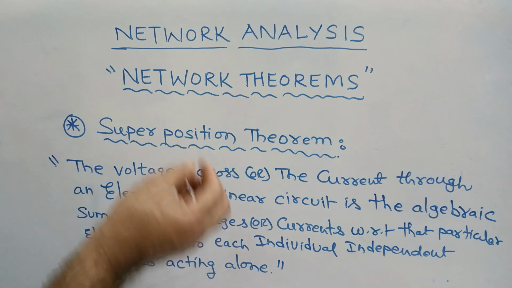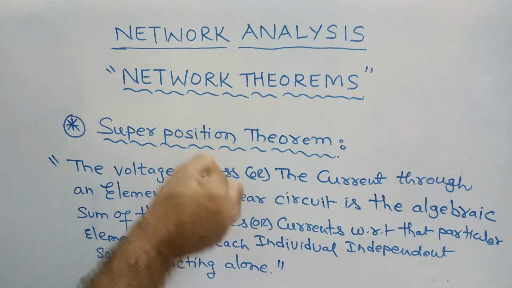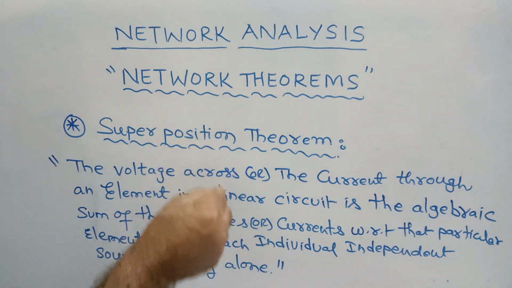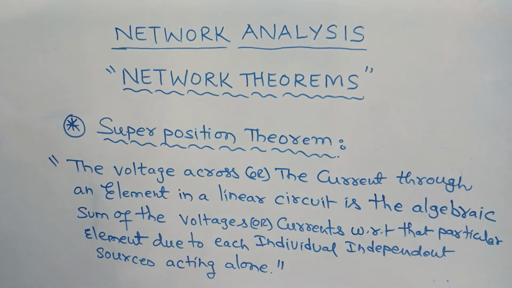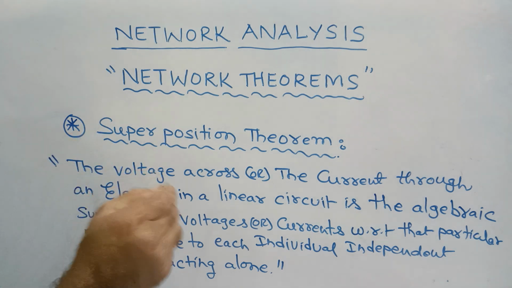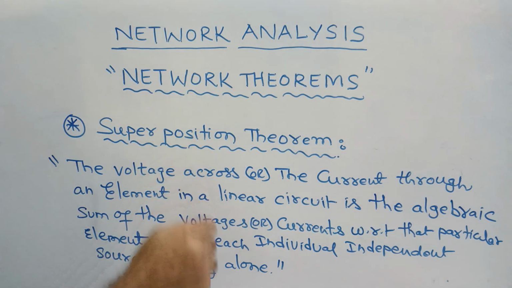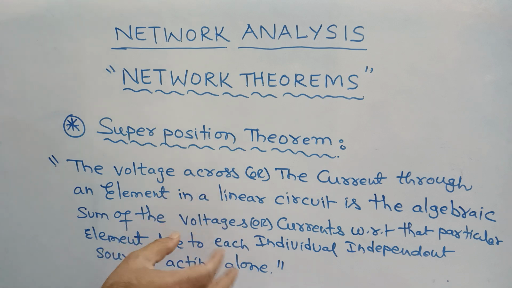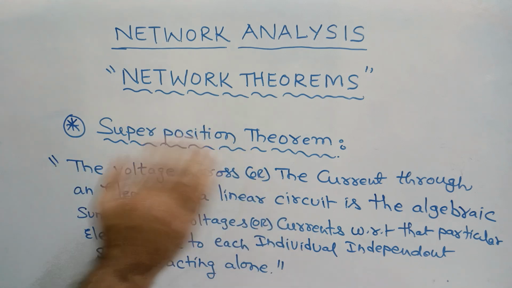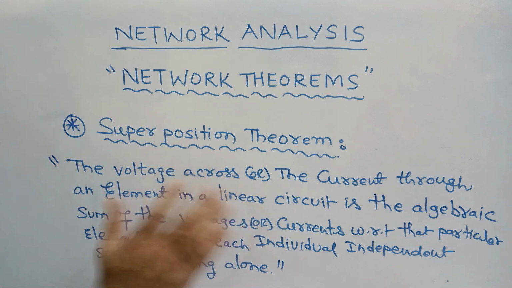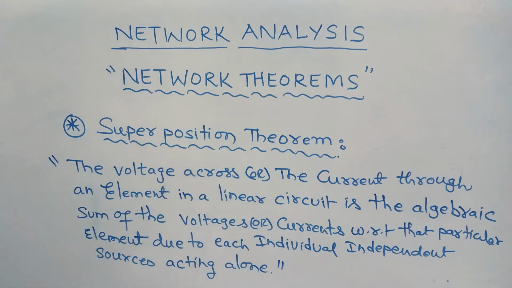Let us consider any one particular element, maybe one resistor. If across that resistor it is asked to find either the voltage across that element or the current flowing through that element, then whatever parameter is asked in the problem, we should calculate with respect to the independent sources available within the circuit.